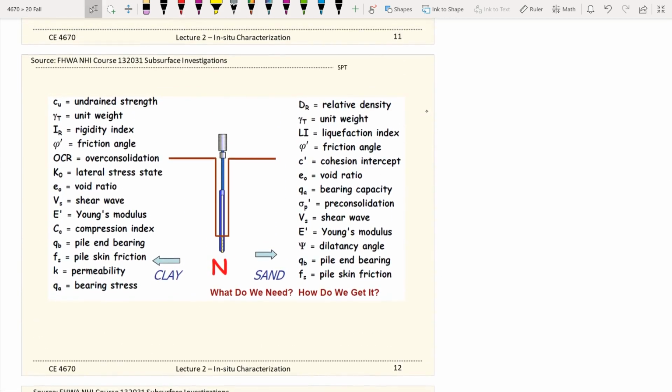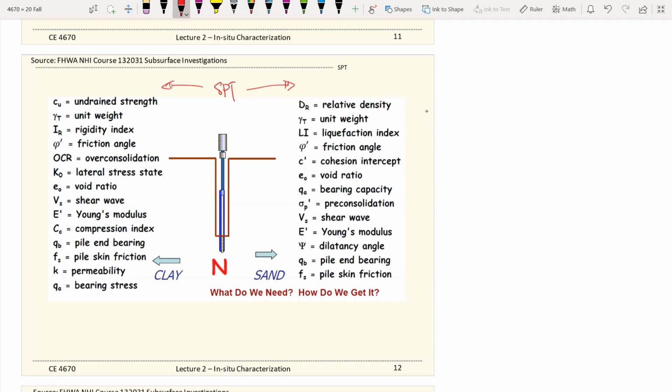So we talk about the correlations. What we have is the N values, and the SPT N values will help us find the parameters that will be useful for our foundation design.